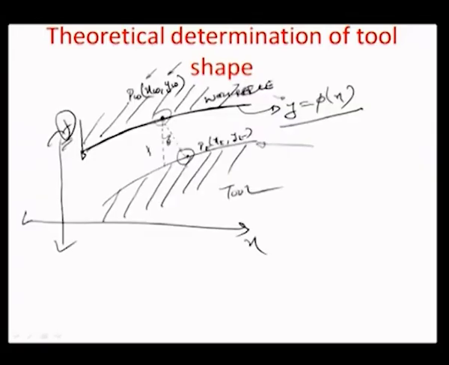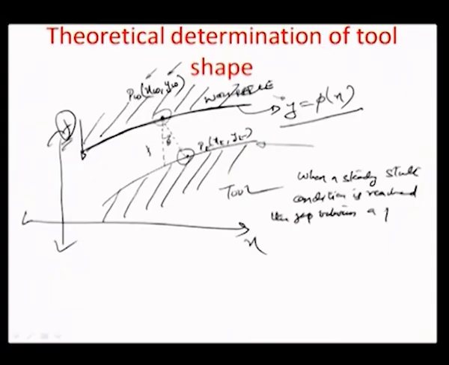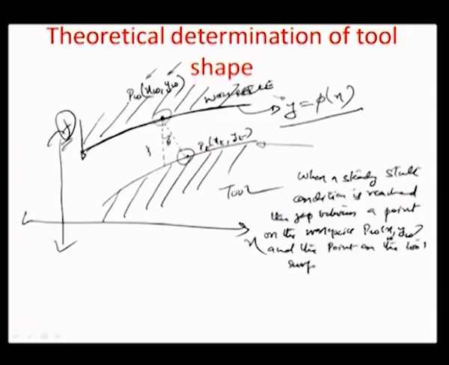So, when a steady state condition is reached, the gap between a point on the workpiece, let us say this xw, yw point Pw, and the point on the tool surface is given by a steady state equilibrium gap GE, okay, where GE has already been calculated before.